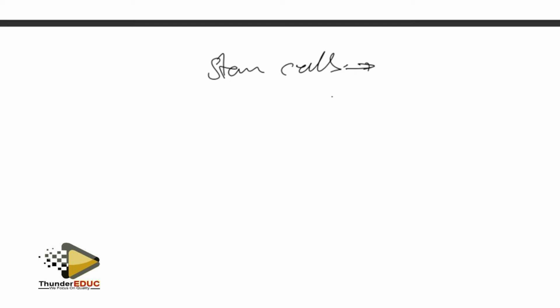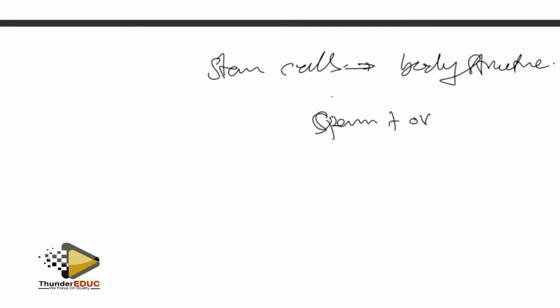Stem cells are cells which have the ability to divide to form other body structures. Imagine you are just a sperm. Sperm fused with the ovum. You formed a zygote. The zygote forms a ball of cells, which is called a morula. A morula is a stem cell, because if I ask you to show me the eye, the legs, the chest, you can't show me.